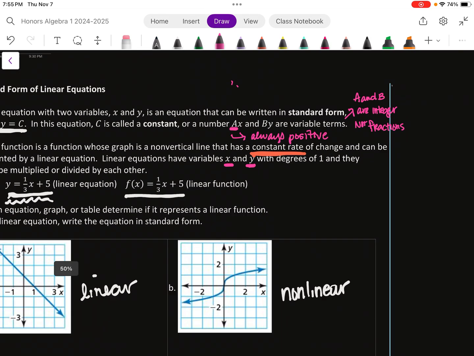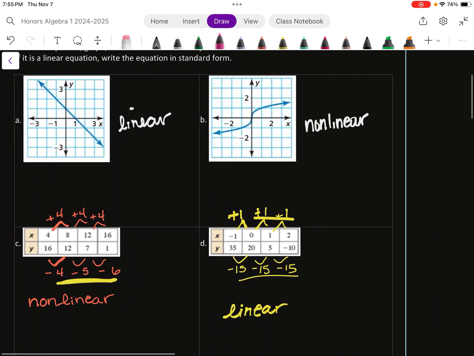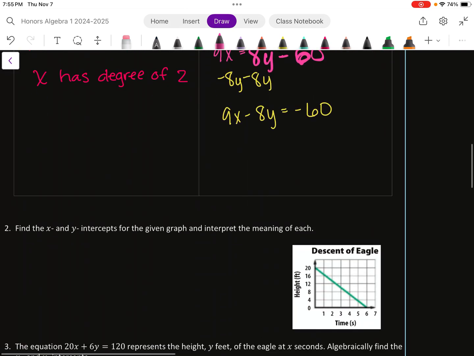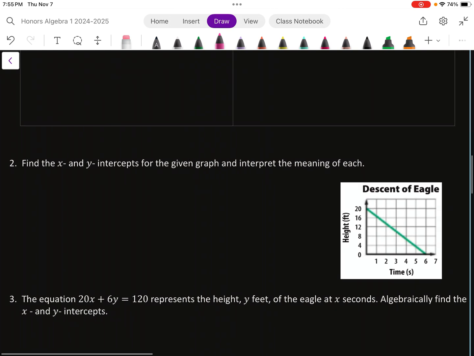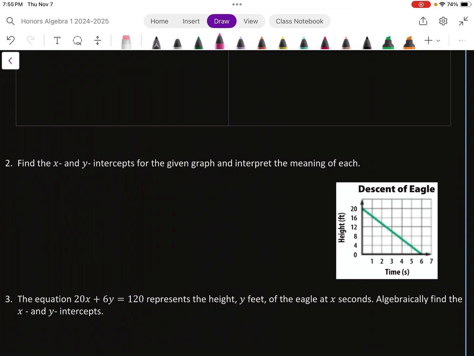All right, if we go back to something that we've done in the previous two lessons, we talked about x and y intercepts when we have this graph here. So we've been able to do that. And what is an x-intercept? That's where it crosses the x-axis, right?